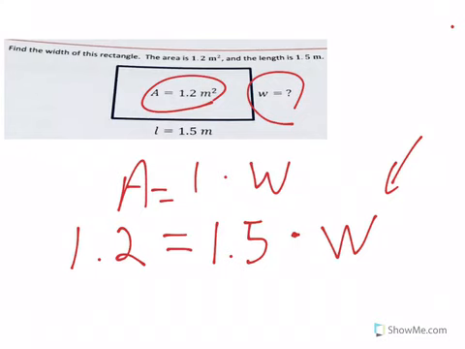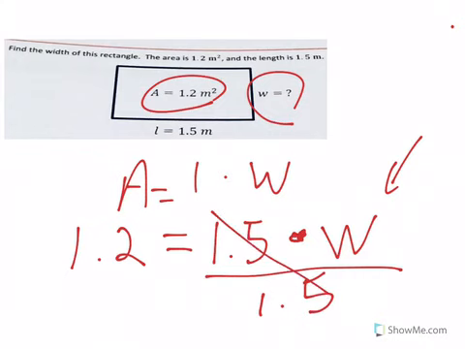So we're going to use some of our algebraic skills here. We know we want to isolate the variable, which in this case is the W. We want that to be by itself. We see multiplication, so we do division, right? Divide out 1.5, that cancels out. This side we have 1.2 divided by 1.5.